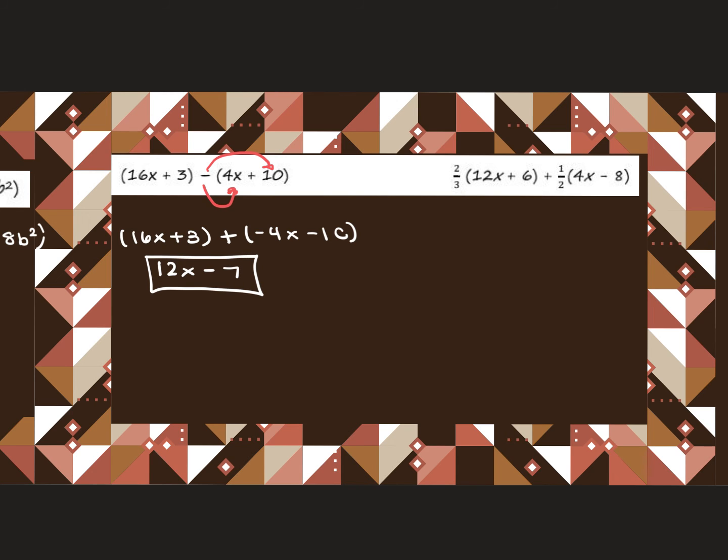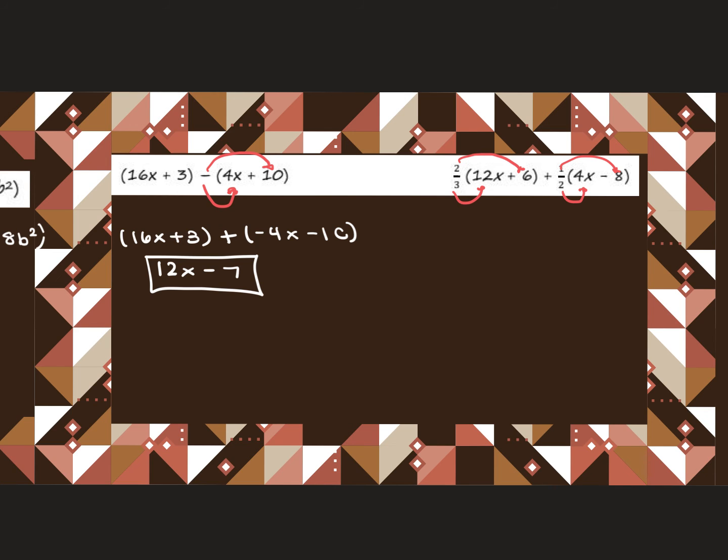All right, and in this next example, again, do not let those fractions scare you. We have 2/3 times 12x plus 6 plus 1/2 times 4x minus 8. So again, the first thing I'm going to do is go ahead and distribute my fractions to everything in the parentheses. We'll do a little side fraction work.